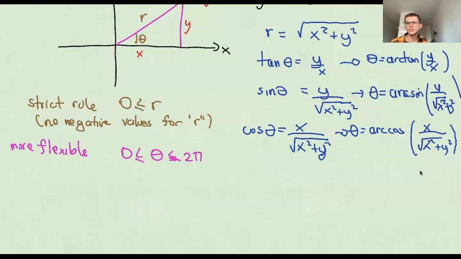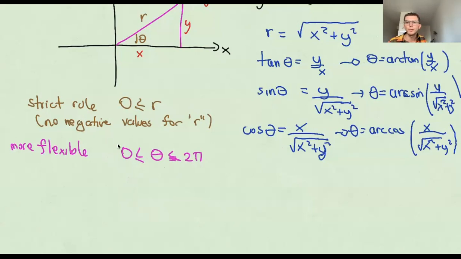Sometimes it's also useful to write theta between negative pi and pi, but usually for all the problems you can just assume theta is between 0 and 2 pi. You may even see on MyLab on occasion that you have to enter negative angles, and that's okay, but that would be less common.